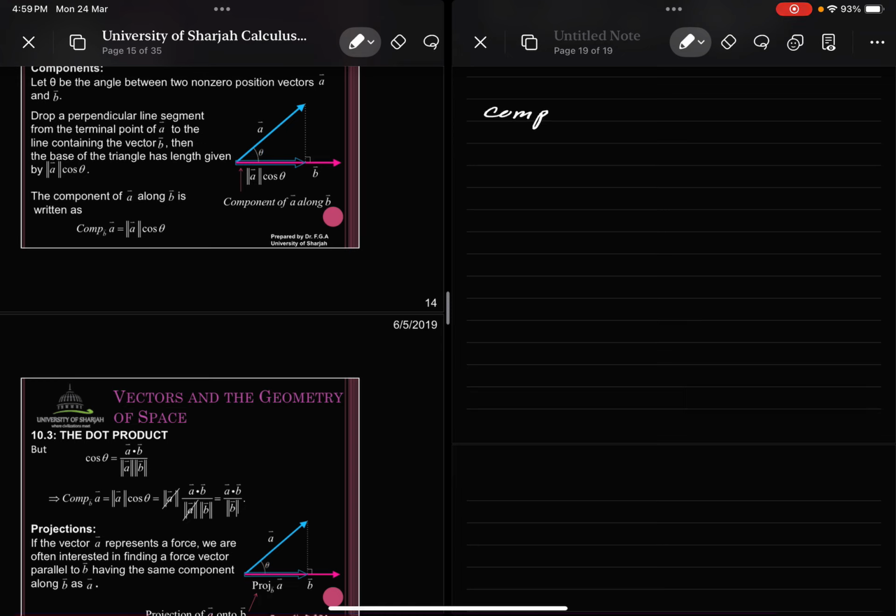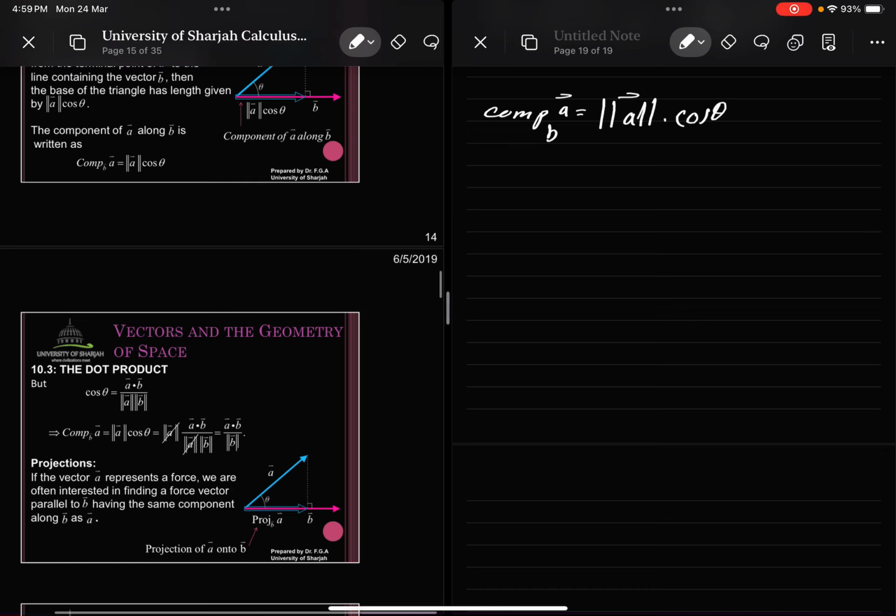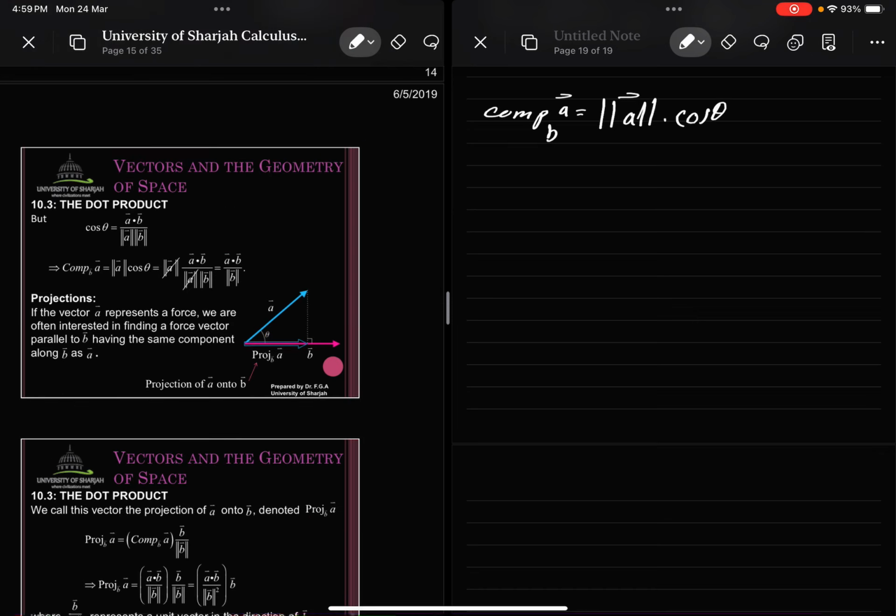comp B of A equals magnitude of A times cosine theta. And as we know, we have cosine theta equals A dot B over the magnitude of each of them.